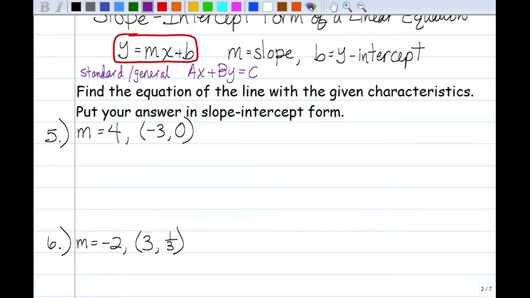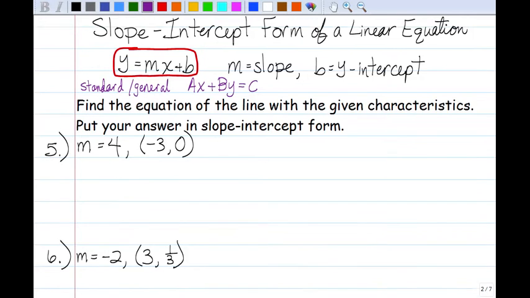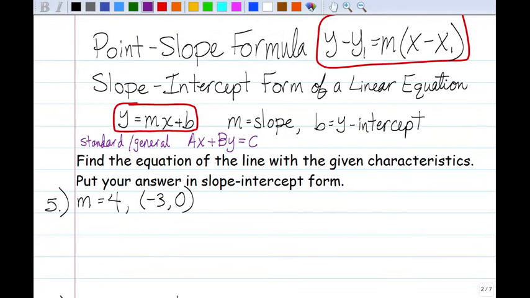Alright, so if we want to find the equation of a line with the given characteristics, slope is 4 and it's going through the point -3, 0. So we have m is 4, and the -3, 0 is the x1 and the y1. In the point slope formula, the first y is just going to remain y.